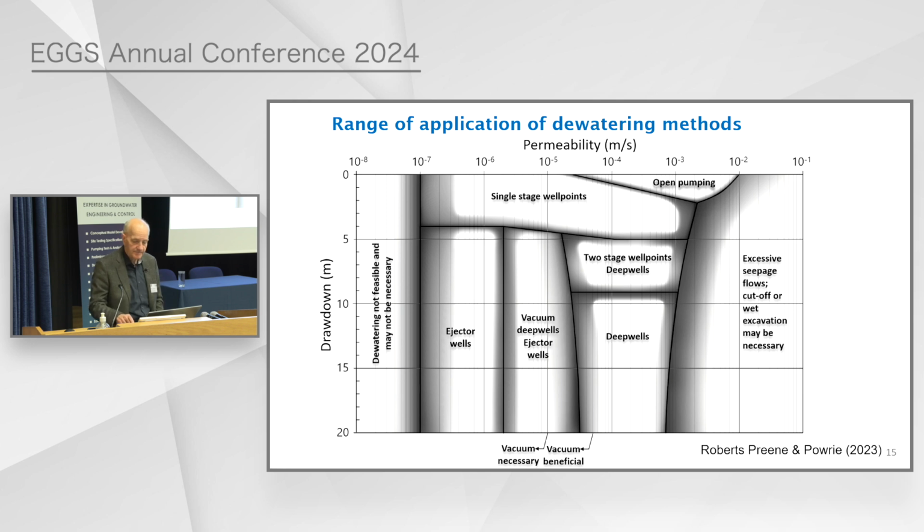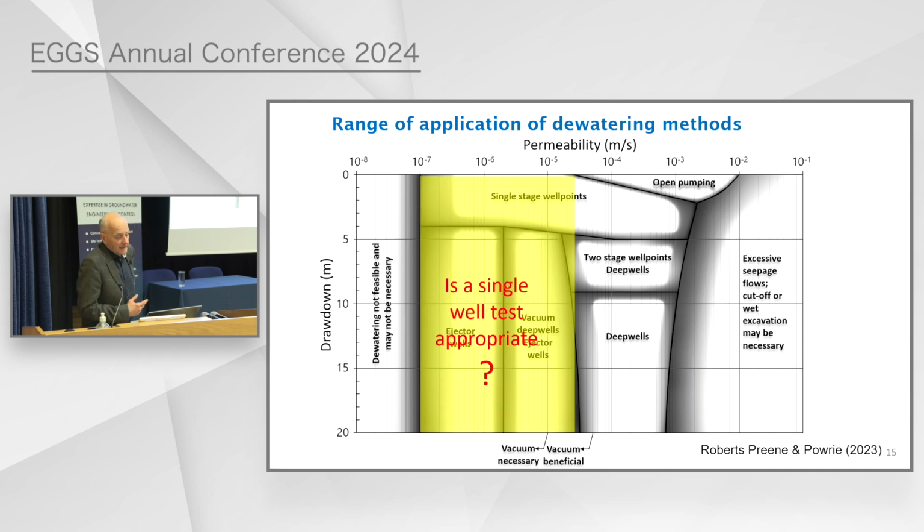So this is the diagram that Martin put up yesterday of the various range of applications of dewatering systems. And I'm really saying, and I think Martin was also saying, what kind of test should we be doing if the permeability is less than, I've gone slightly higher than 10 to the minus 5, covering the range where you've probably got to apply vacuum to get much to happen.